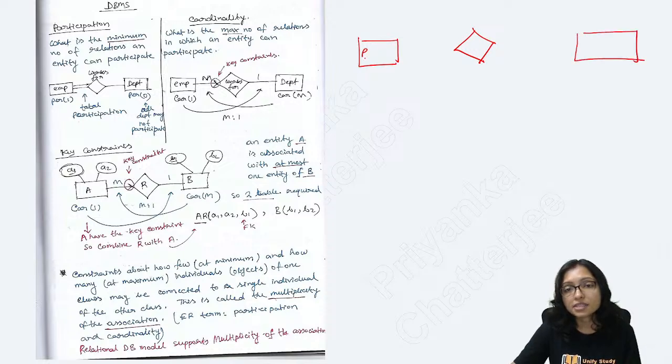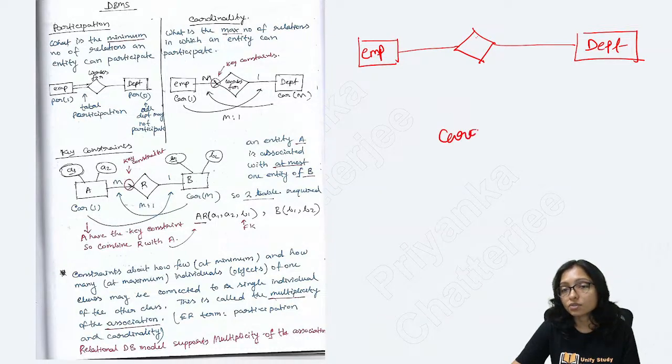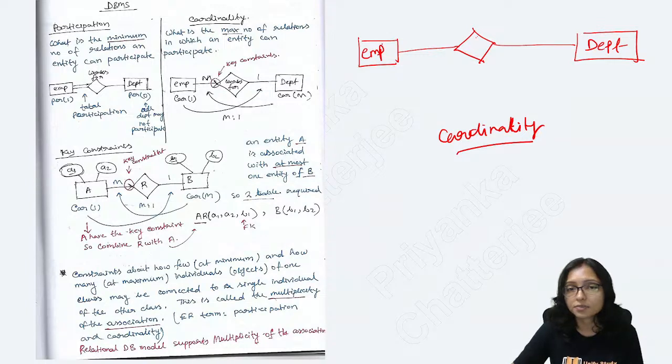Here is the employee and here is the department. The relationship is coming with cardinality always, not with the participation.